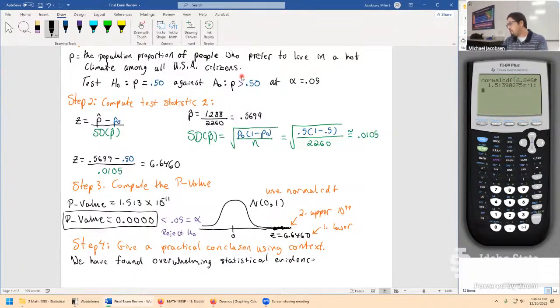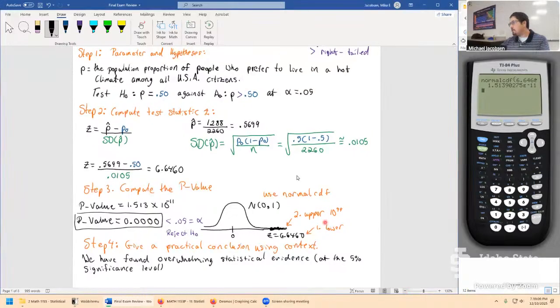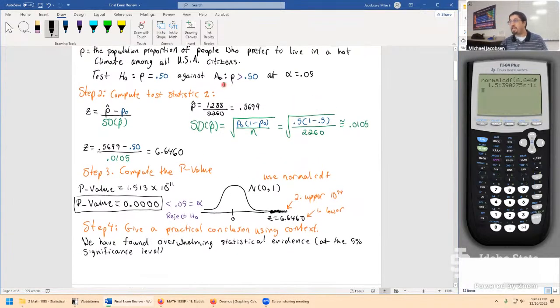evidence at the 5% significance level that whatever that statement is for HA is true. It's P greater than 0.50, so we write this out essentially verbatim.